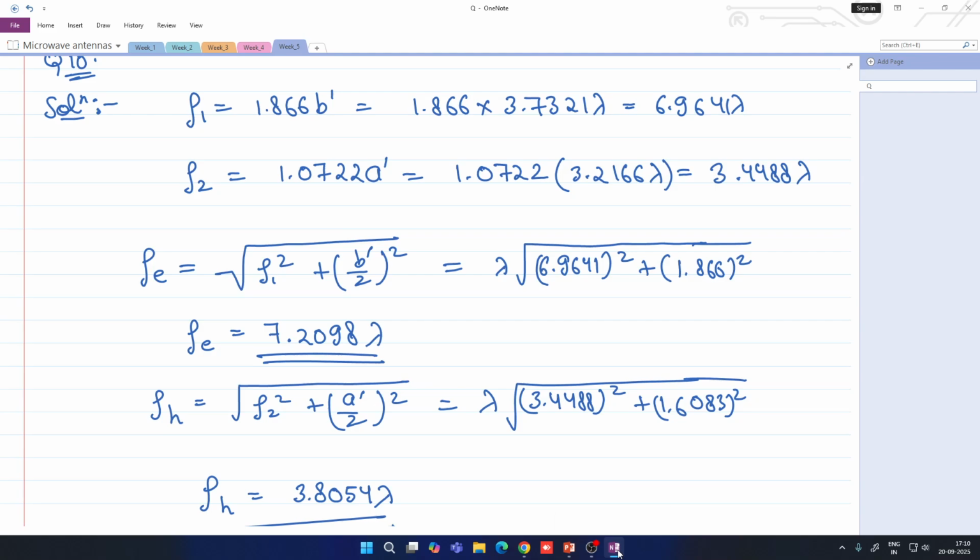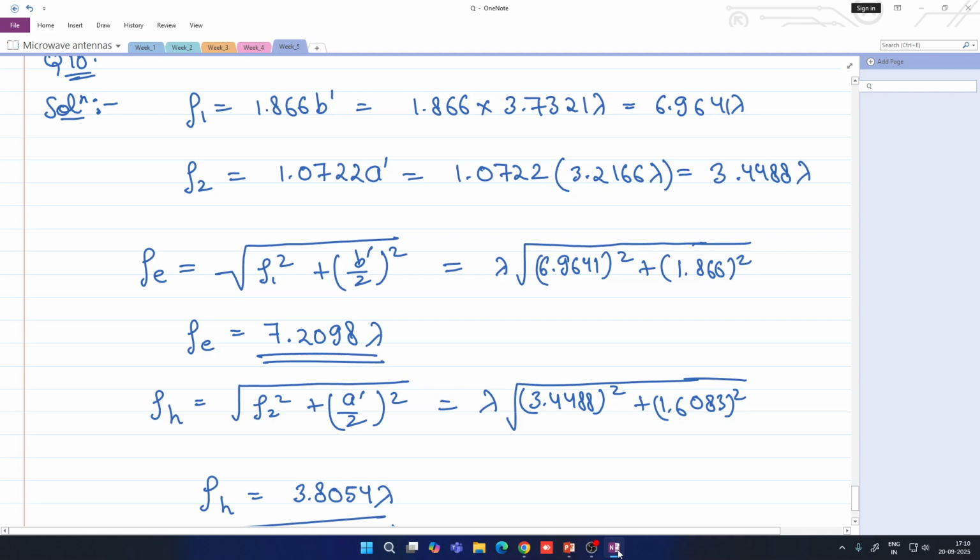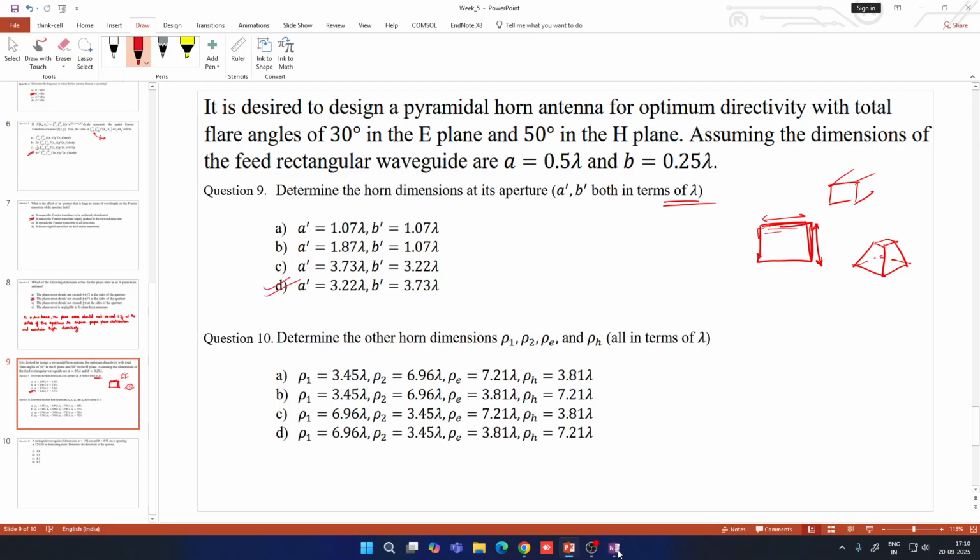Rho E is 7.21 and rho 2 should be 3.45 and rho 1 should be 6.96. So correct option is option C. I hope this question is clear. The only thing is we just have to remember the formula and use it. It's a direct formula based numerical problem for question number 9 and 10.